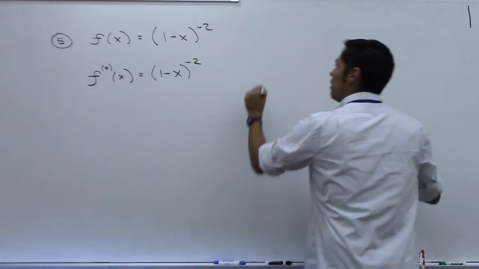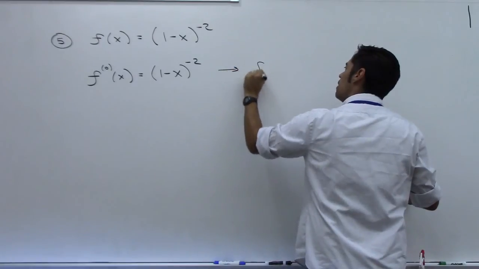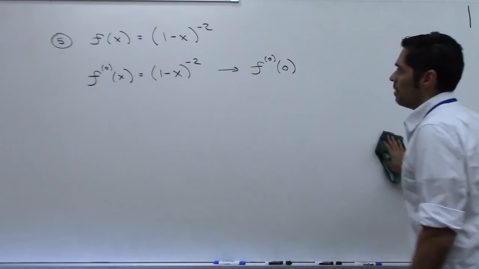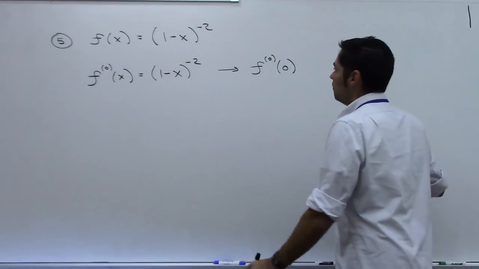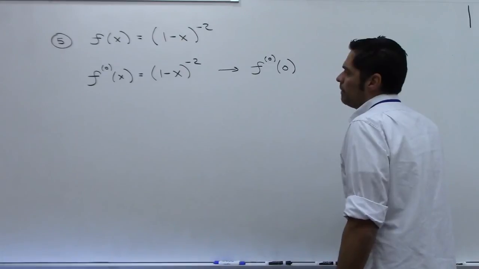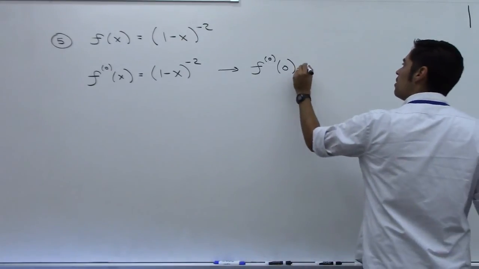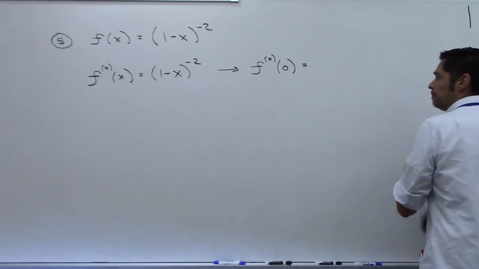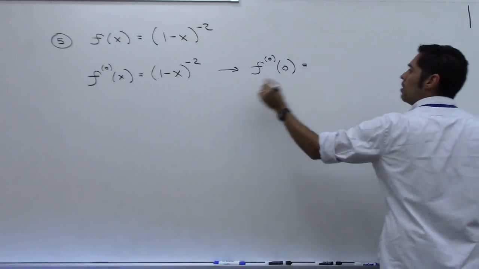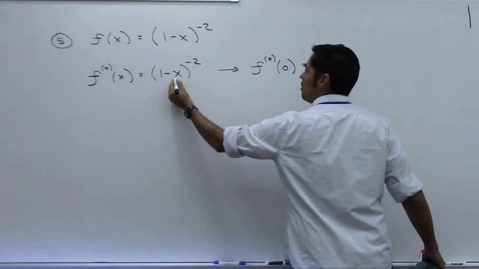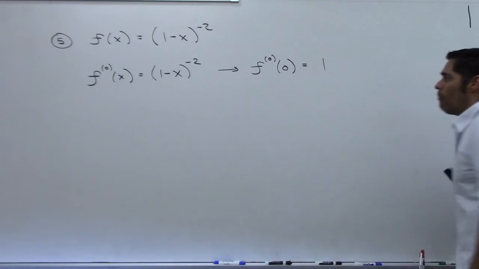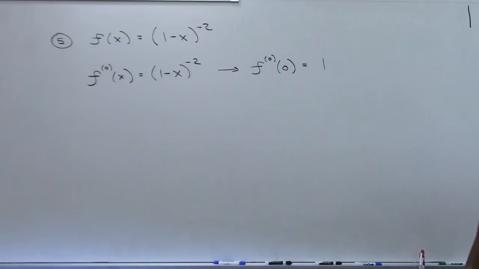Now next to this, I'm going to write down the 0th derivative at 0. Plug 0 in here, and you get 1 raised to negative 2. That's just 1, no big deal.